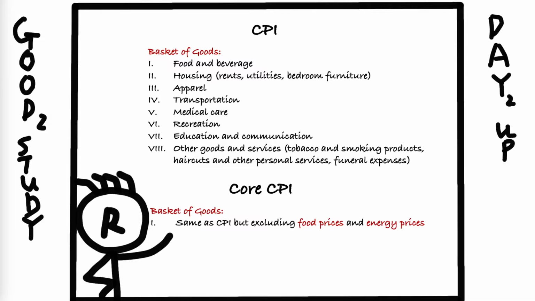Clothing, transportation, medical care, recreation, education and communication, and other goods and services including tobacco and smoking products, haircuts and other personal services, and even funeral expense. There's another important concept that's called core CPI. The difference between core CPI and CPI is that core CPI excludes food prices and energy prices because those prices are volatile.